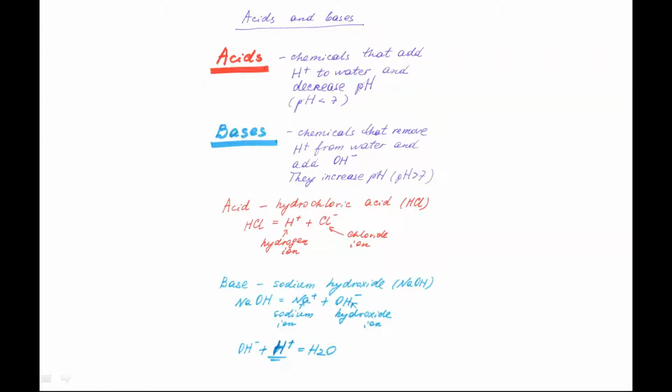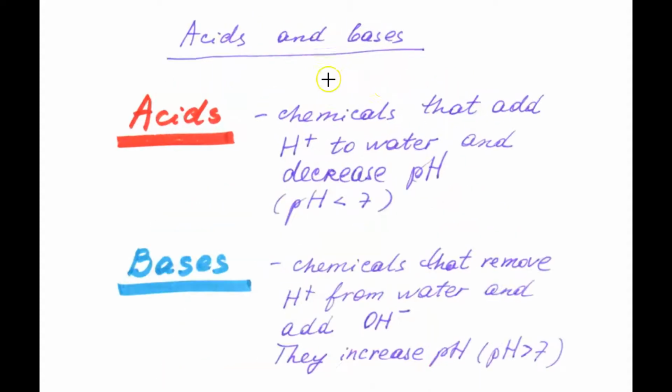So we remember that acids are chemicals that add hydrogen ions to the water. Because we will have more hydrogen ions in the water, the pH will drop, and so the pH of acids is usually less than 7.